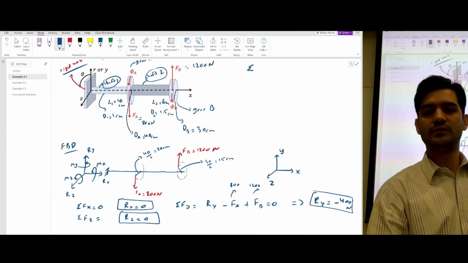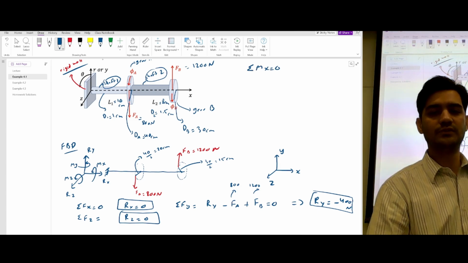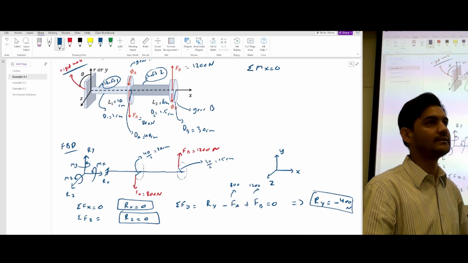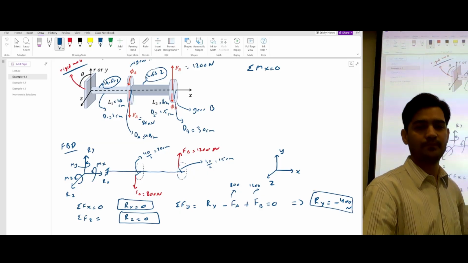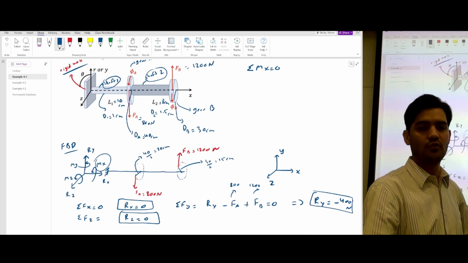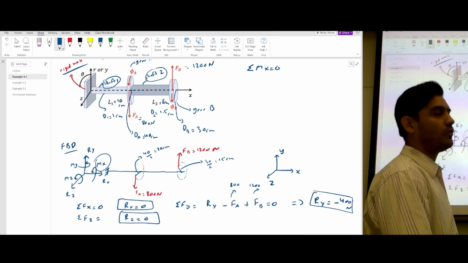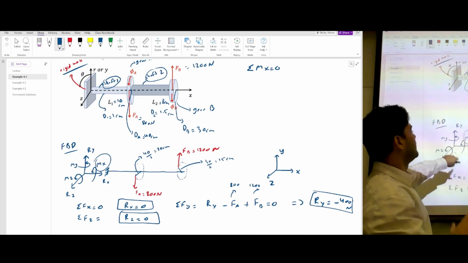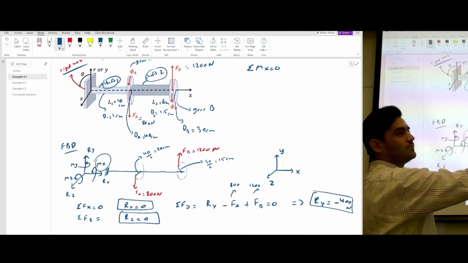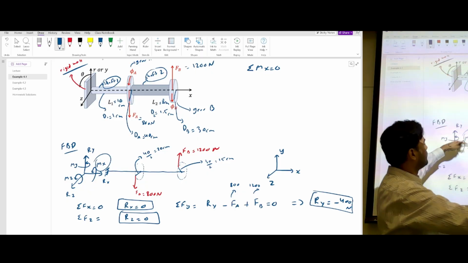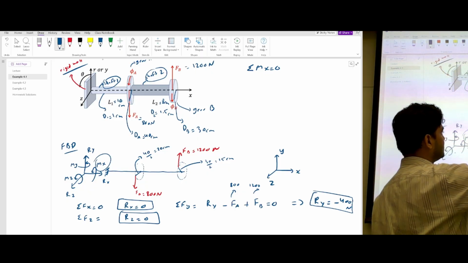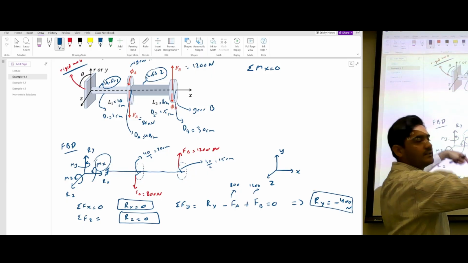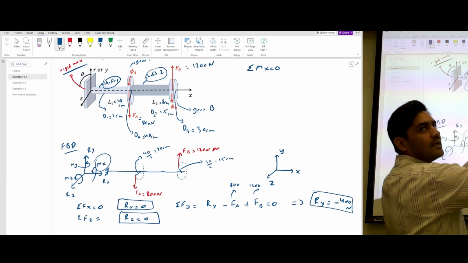So if you do summation of moment along x is equal to 0, how many moments are acting along the x-axis? This is one moment, and you also have to decide the direction of the moment. I have drawn it this way. The curl of the fingers is towards where the moment is acting, so the thumb will point in the direction of the moment.